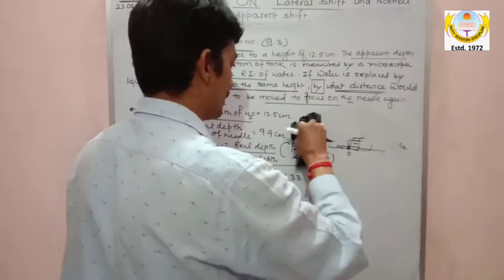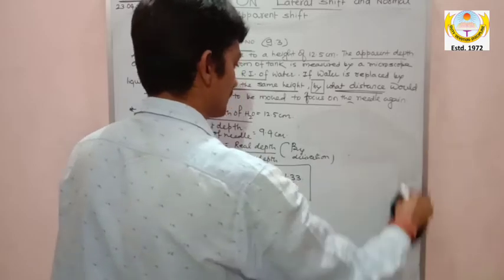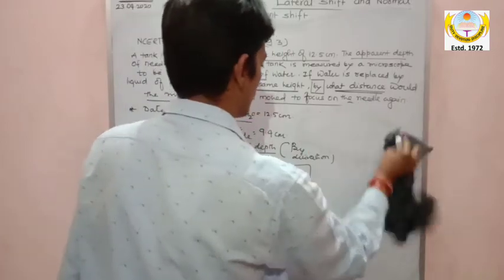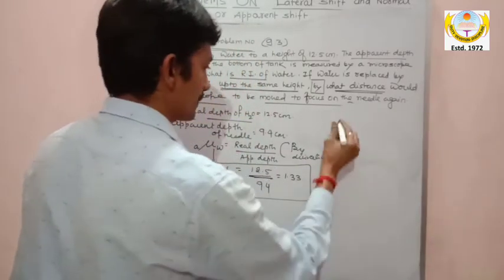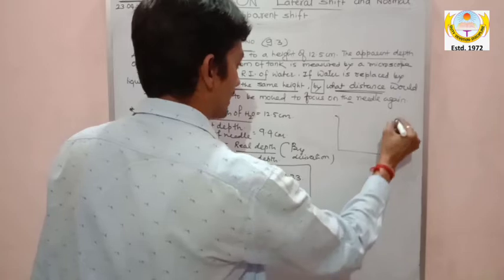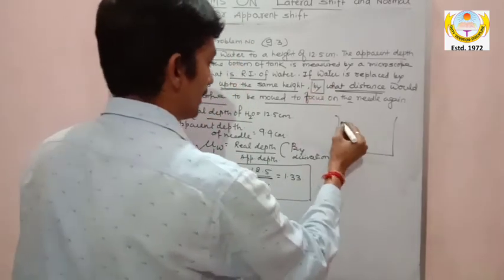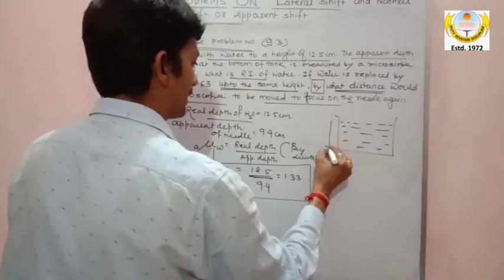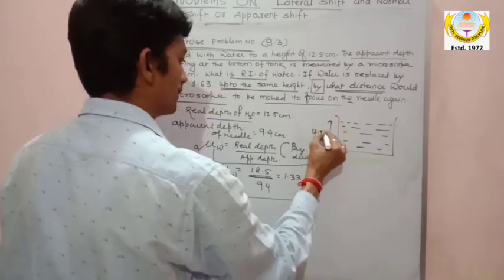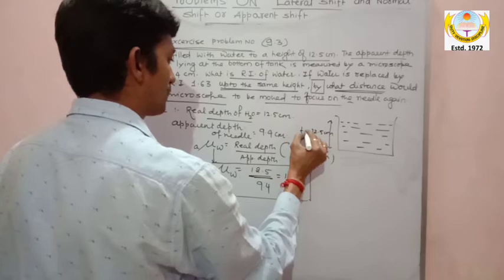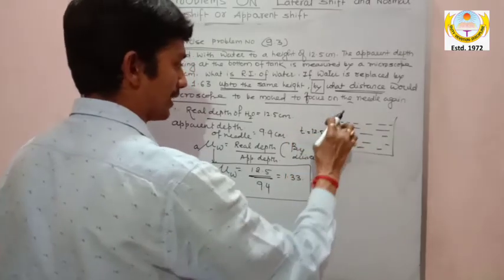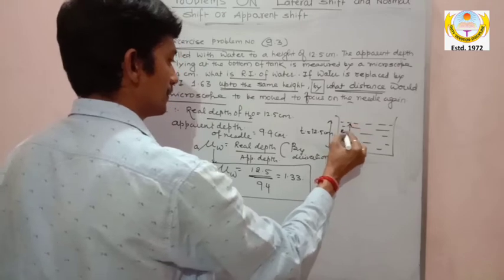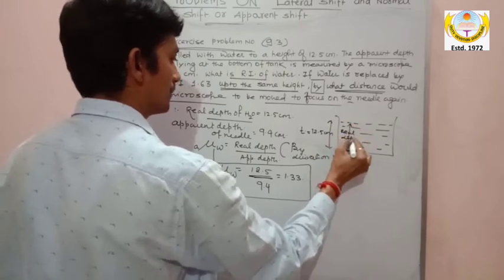I'll show you one more way. This is the tank filled with water up to a height of 12.5 centimeter. This is the real depth, or thickness you can say. This is the real depth.